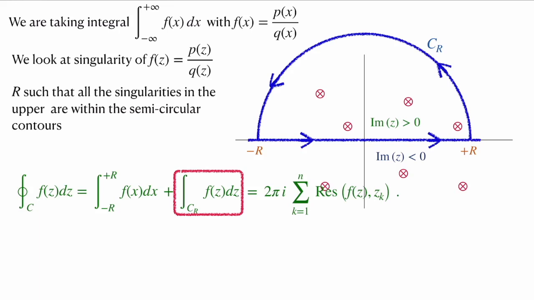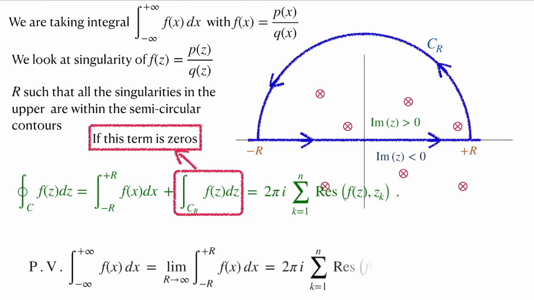Now, if the contour integral over C_R of f of z dz goes to 0, then we are left with the principal value, that is, the integral from minus infinity to plus infinity of f of x dx equals the limit as r goes to infinity of the integral from minus r to plus r of f of x dx, equal to 2 pi i times the sum of all residues inside this half circular region in the positive imaginary axis.